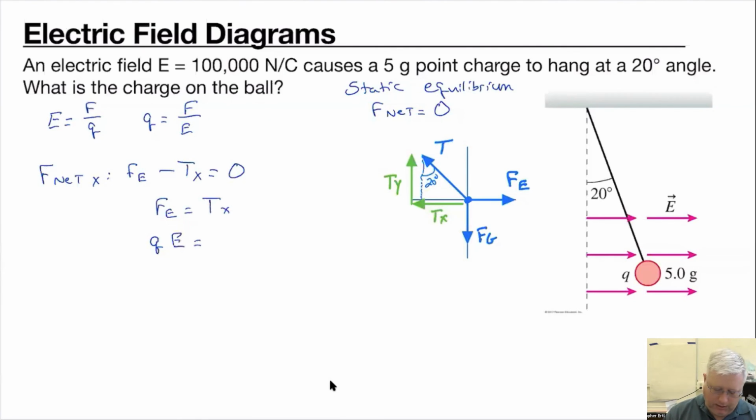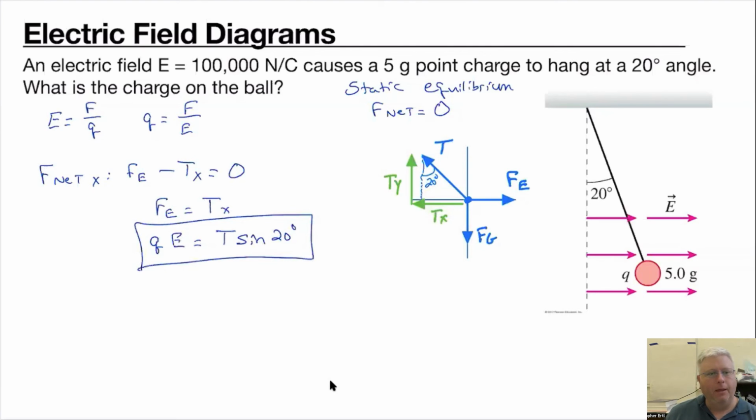And the tension is going to be T sine theta, sine 20 degrees. So we have one expression now with Q in it. We know the electric field, but we don't know the tension. So maybe we can find the tension from the y component.